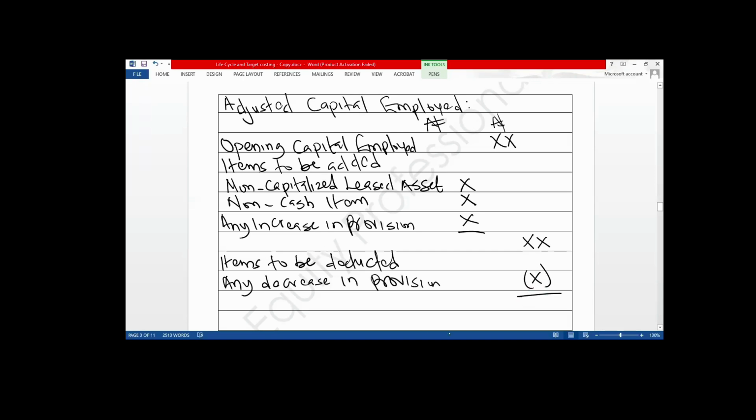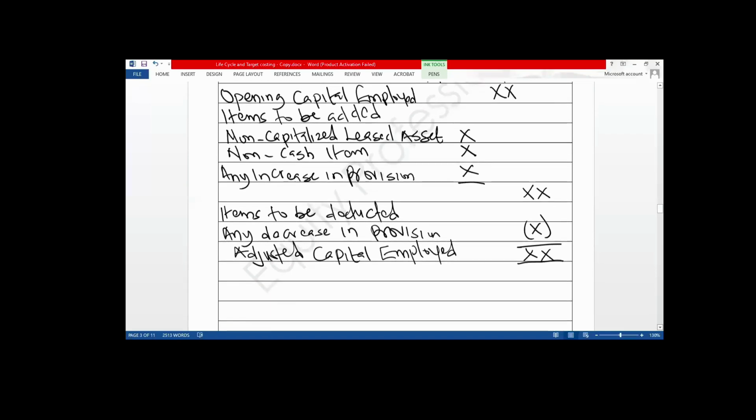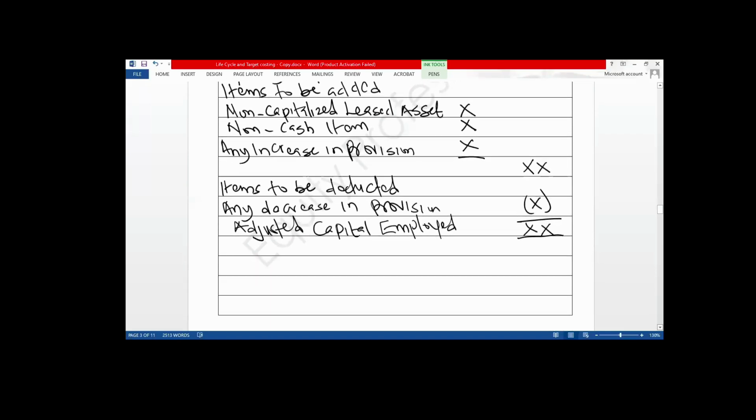Then the balance figure you have here will give you your adjusted capital employed. This is how to derive your adjusted capital employed.